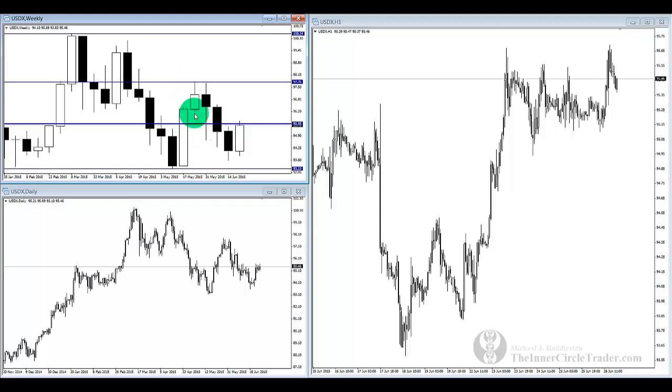Now when we have them on the higher time frame like this, we don't necessarily have to have every one of these levels drawn on our executable time frame like the hourly, because as price trades to it over here, when we look at it in this overlay perspective, this same price is shown the same as it's seen over here. 95.46, that's the closing price here, 95.46.